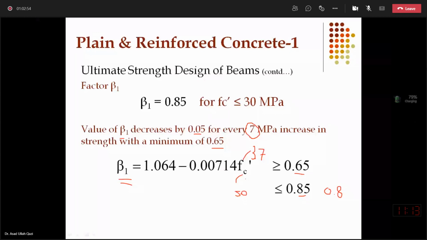You can also find this beta 1 by testing concrete and then plotting the stress strain curve, and then getting the area under that curve either through a planimeter, using some geometrical rules, or going for some mathematics and writing the mathematical model of that curve, and then first proving that your mathematical model exactly simulates and predicts the experimental curve.